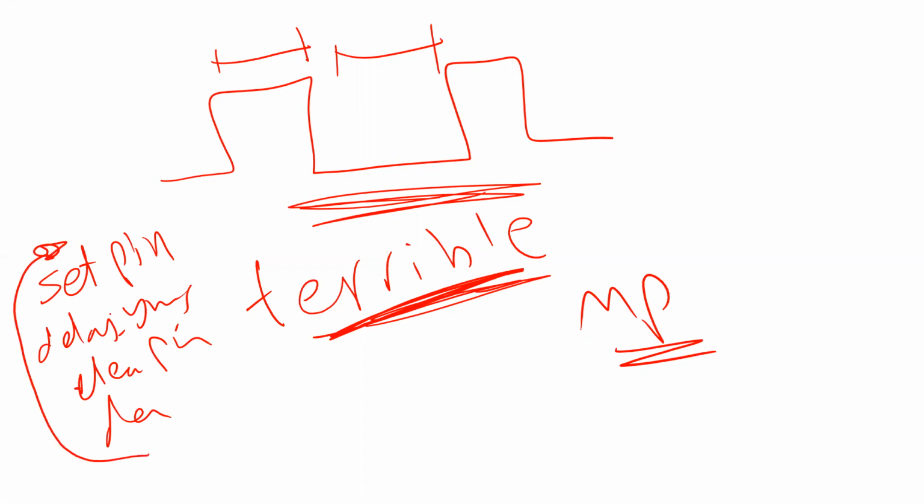So the microprocessor was busy all the time. That's too bad. Now output compare is going to solve this problem. It is going to generate this square wave efficiently, and when I say efficiently, I mean we are going to take much less time from the microprocessor.